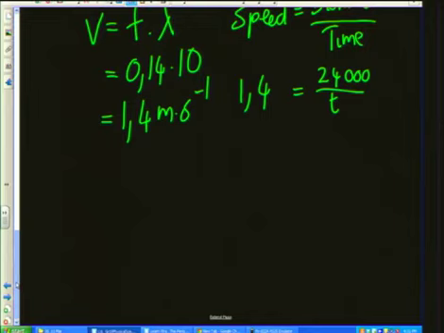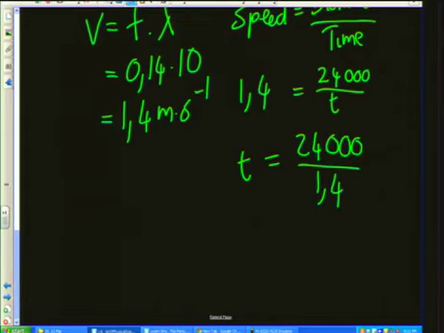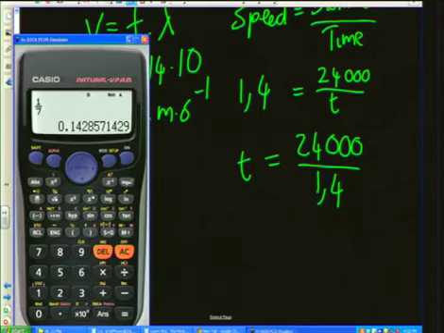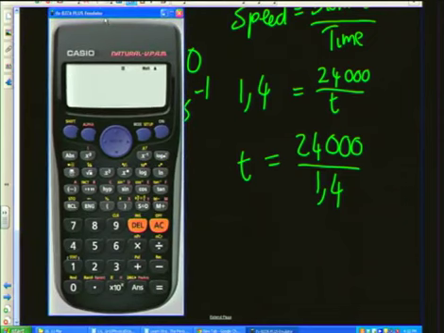Let's make sure we get it right. Time is equal to 24,000 divided by 1,4, and I'm not going to do that in my head. I'm going to rather use the calculator: 24,000 divided by 1,4 equals, and my answer is 17142,8.